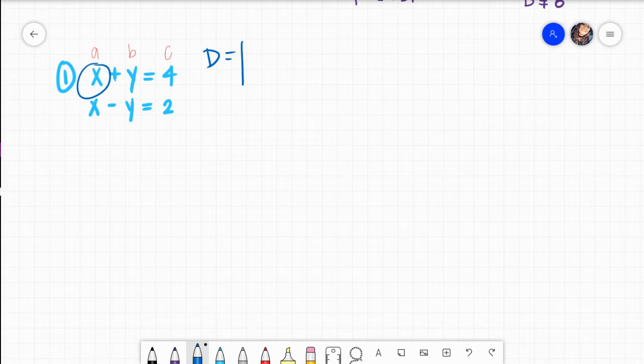A sub 1 is right here, right? That coefficient is a 1. B sub 1, coefficient is a 1. A sub 2, coefficient is a 1. B sub 2, coefficient is a negative 1. Do y'all see that? Now let me use that information and find its determinant.